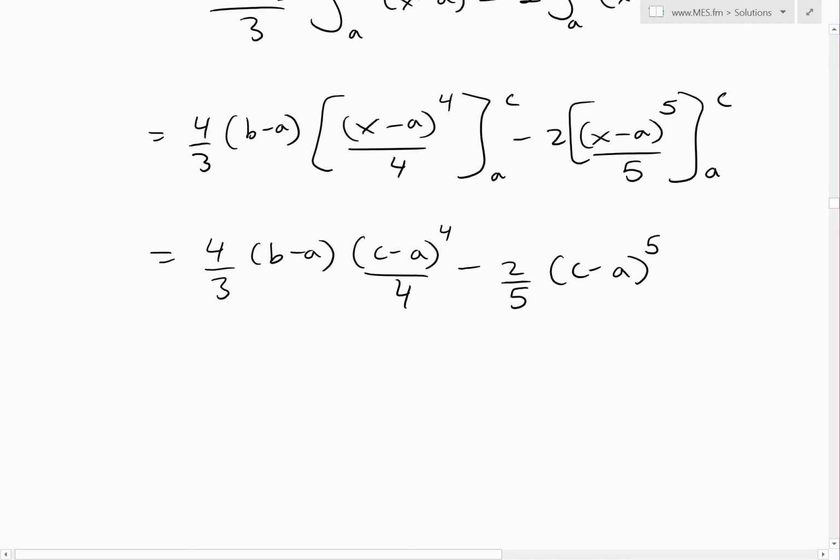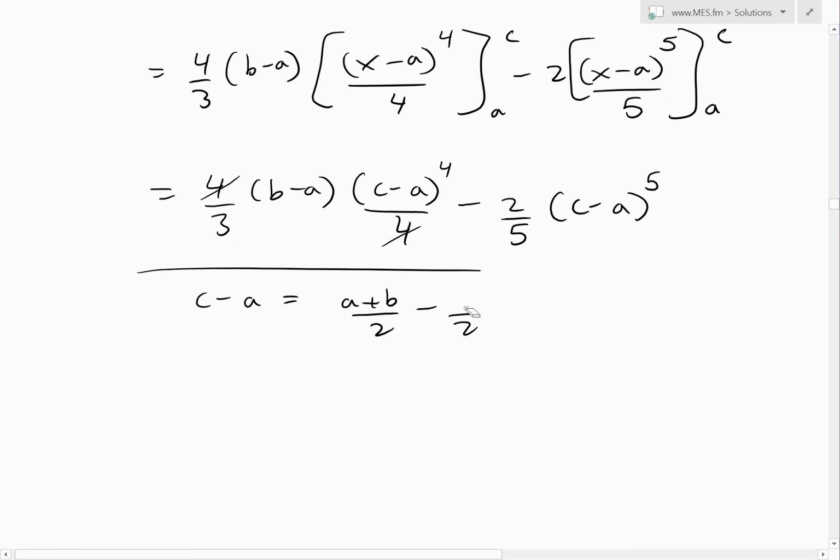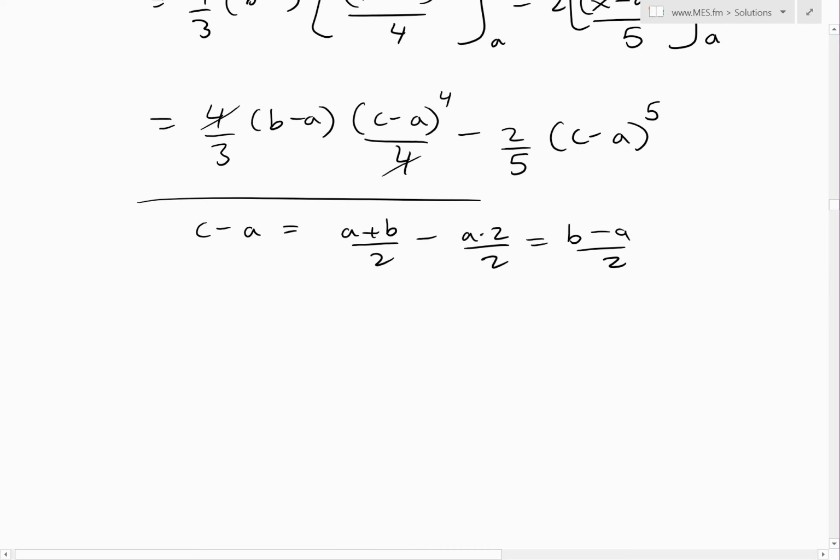And now these 4's cancel, and note that c minus a equals the average: c is a plus b divided by 2, minus a, with common denominator 2 over 2. So that's b minus a over 2. That's what c minus a equals.